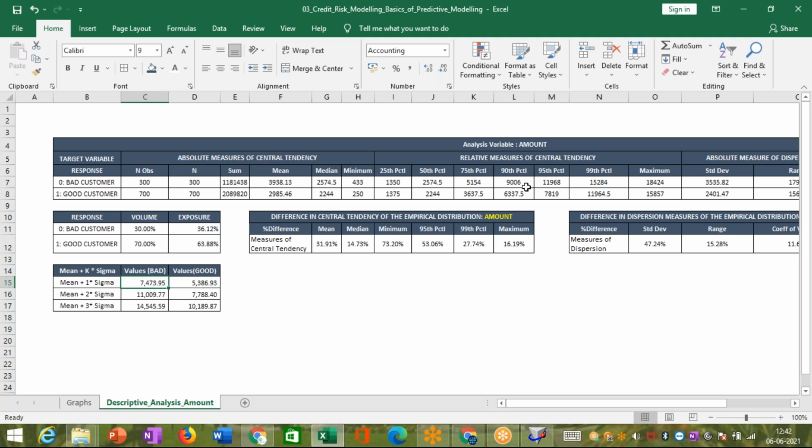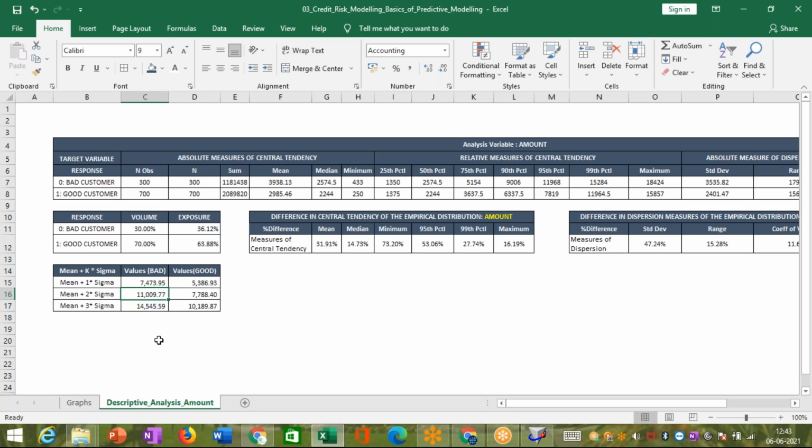Now let's move to mean plus minus 2 sigma, that's 11,009. So that is the 90th to 95th percentile. The 95th percentile is 11,968. So basically it is anywhere between the 92nd and 93rd percentile, which means nearly 92% or 93% of the observations lie within plus minus 2 sigma.